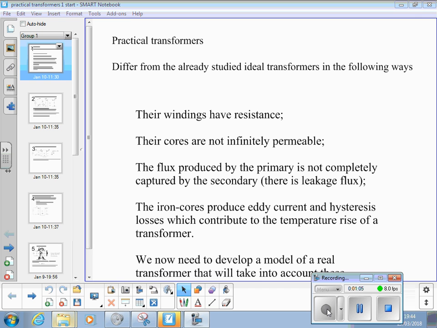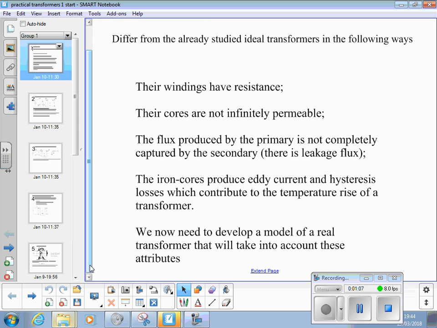The iron core, we assume there were no losses, but actually iron cores produce eddy currents and hysteresis losses. There are losses due to magnetising the core and demagnetising it twice a cycle. So these losses contribute to a temperature rise of the transformer. That's why they heat up, and that's all power loss.